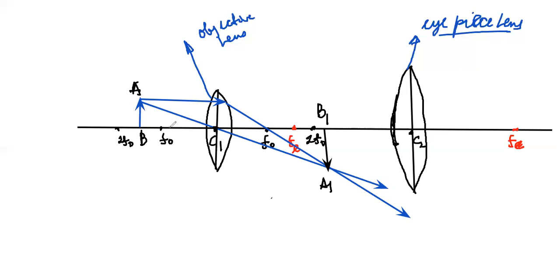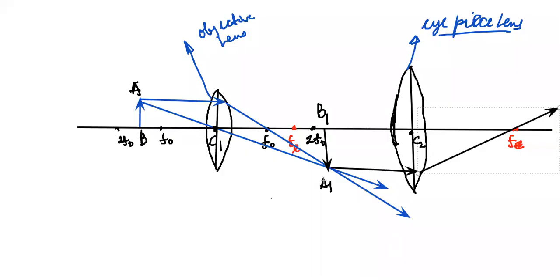Now, A1B1 will form the virtual object for this eyepiece lens. The rays coming from this will first pass through the focus of the eyepiece, like this, and after that one of the rays will be passing through the optical center of the eyepiece.